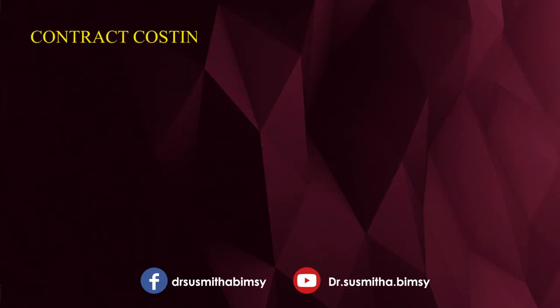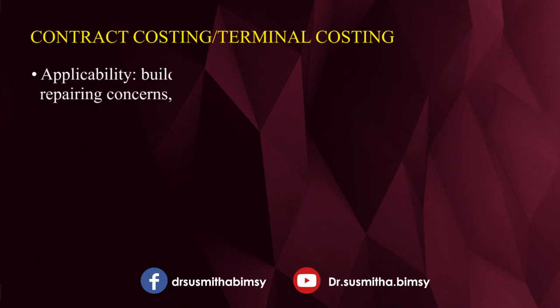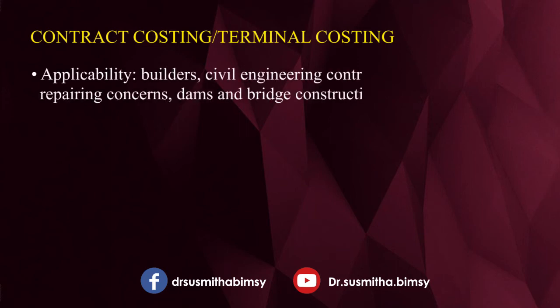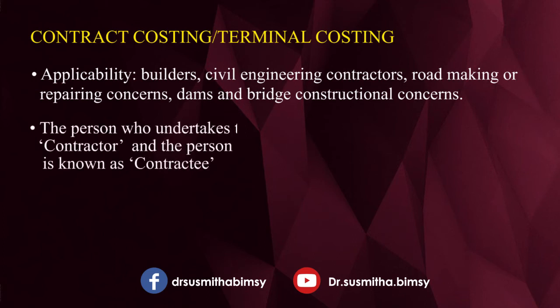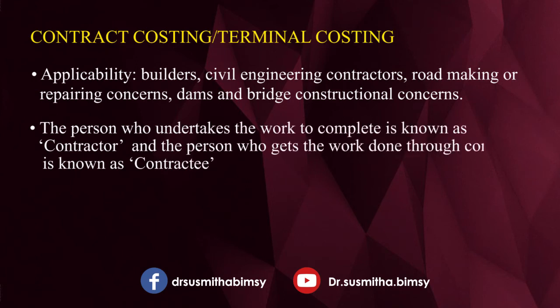Contract costing is mainly applied in civil construction and engineering projects, ship projects, road and railway line contracts and construction of bridges, etc. In this type of costing, the person who undertakes the work to complete it is known as the contractor, and the person who gets the work done through the contractor is known as the contractee. A separate contract account is maintained for each contract.